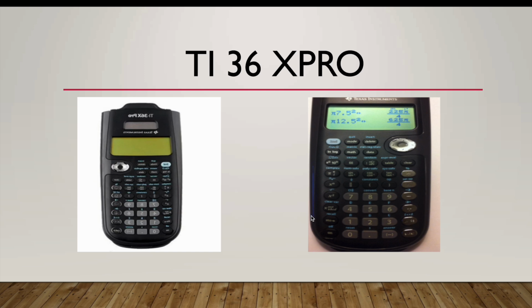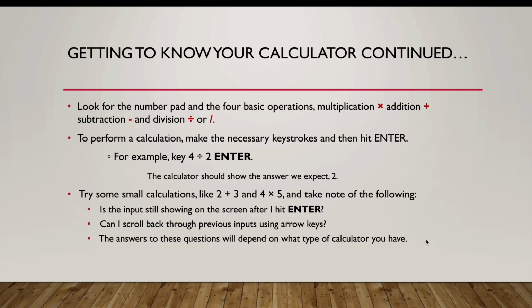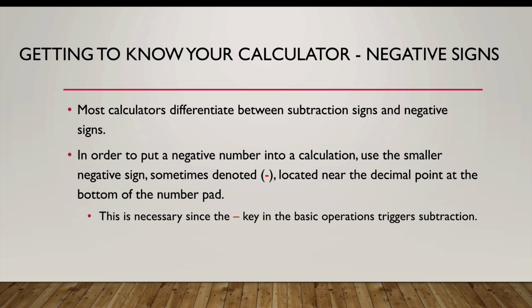There will also be another negative sign, usually down near the bottom of the keypad, opposite of the 0 or near the 0, and that is what you use for negative numbers. If you're putting a negative number into a calculation, you need to use the negative sign at the bottom of the number pad. The way you put that in will change the outcome of the formulas that you put into the calculator.